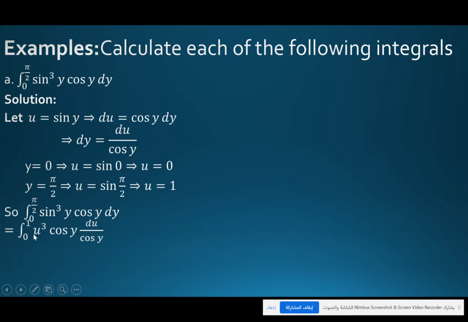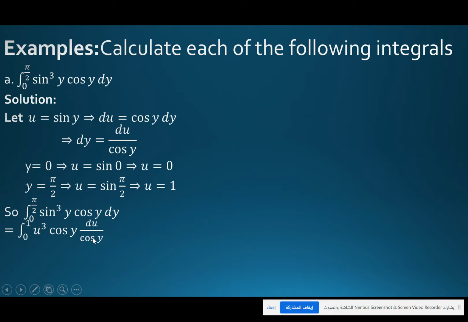Now let's replace everything. Instead of sine y, we replace by u to the power of 3. Keep cosine y, because you didn't consider it from the beginning, as it is. And instead of dy, which you get from the second step, you replace it by du over cosine y.